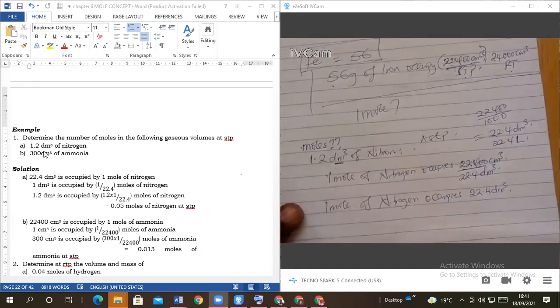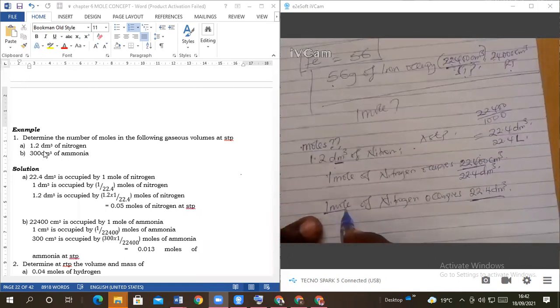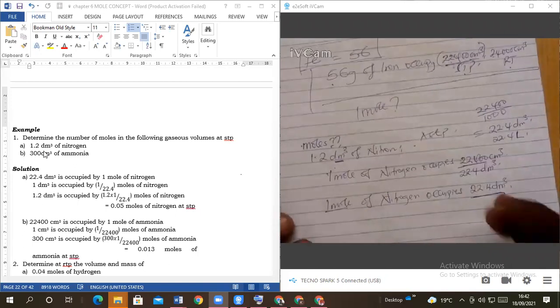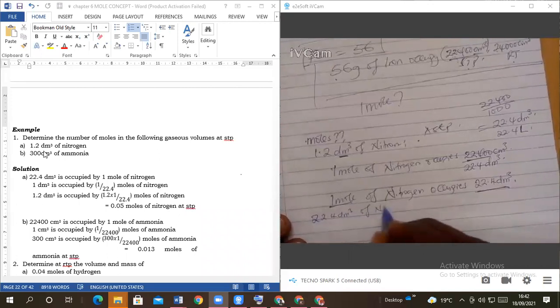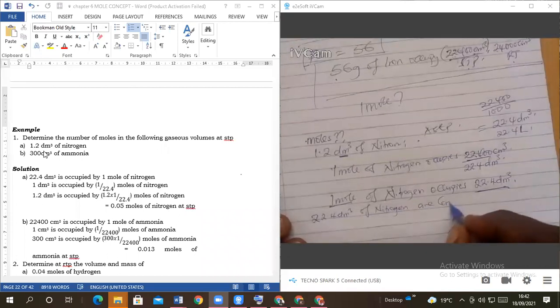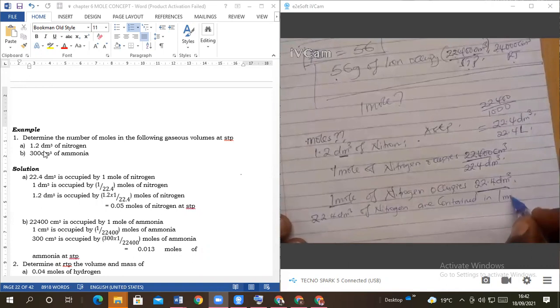They have given you decimeters cubed. They want the moles. So you write the equation starting with decimeters cubed. So you say 22.4 decimeters cubed of nitrogen are contained in one what? In 1 mole.